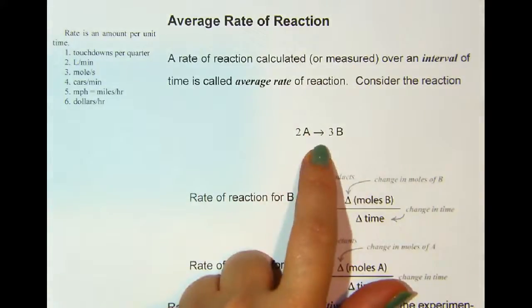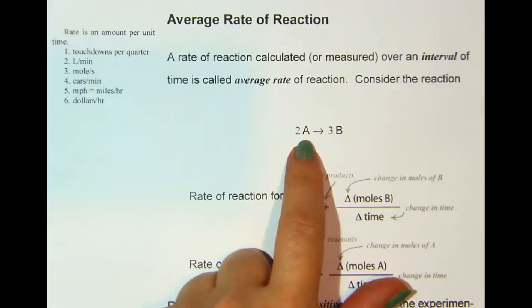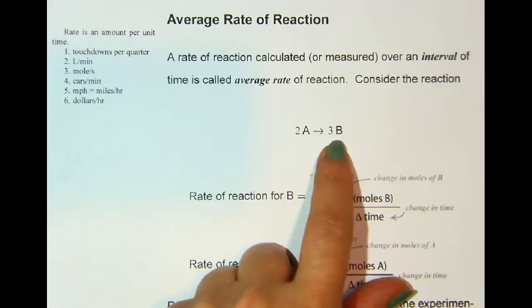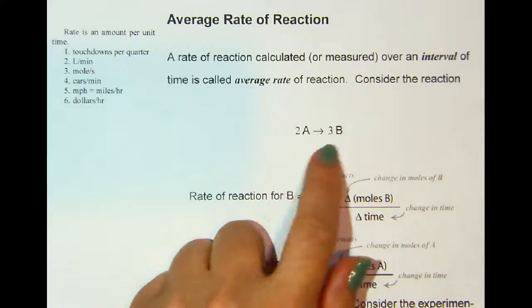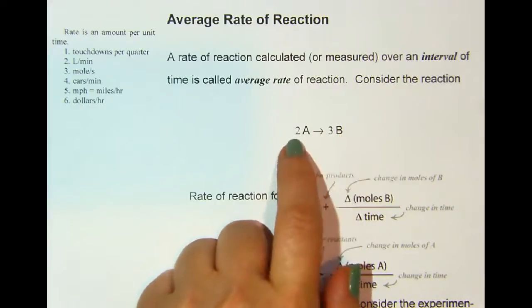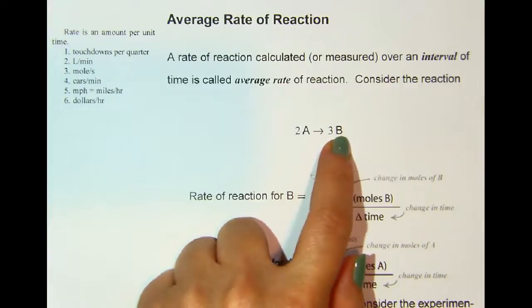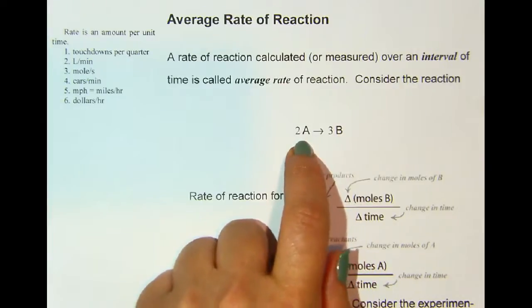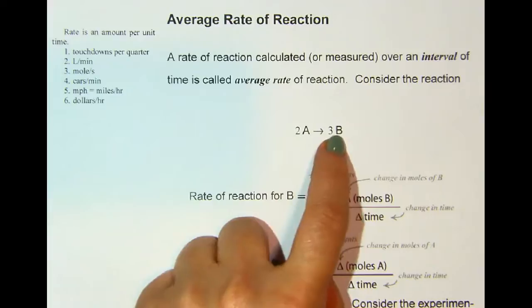So let's consider this reaction where A is making B, and it may be happening at a slow rate or at a very fast rate. A is disappearing while B is appearing.